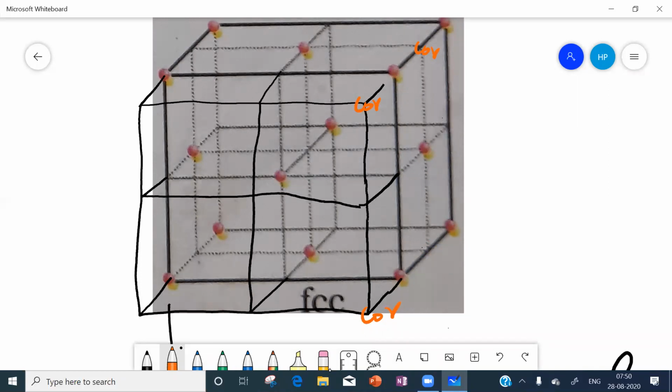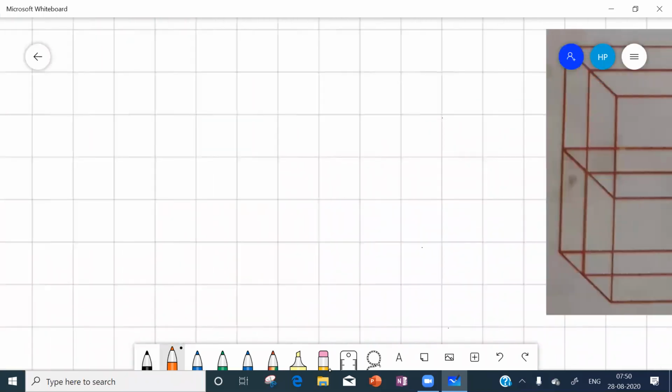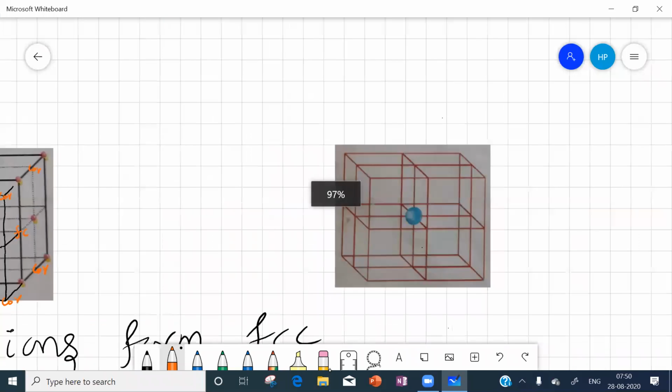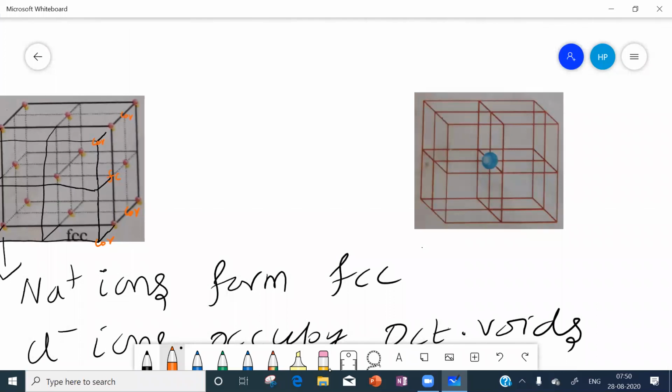This is a corner, this is a corner, this is a corner. Then I can say this is the face center. Now we will see. Now I am taking this as a corner, this as a corner, and this I will say is the edge center.